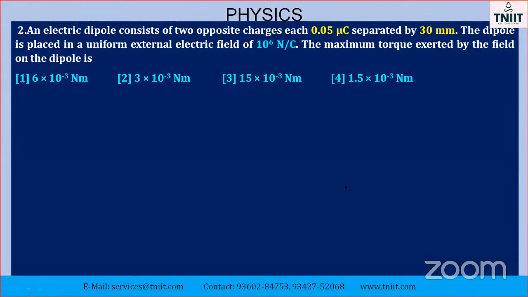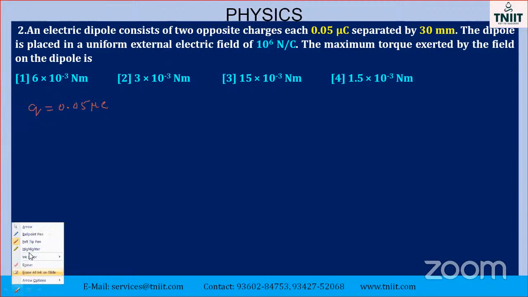Yeah. Coming to the next concept. An electric dipole consists of two opposite charges. One charge is 0.05 microcoulomb.